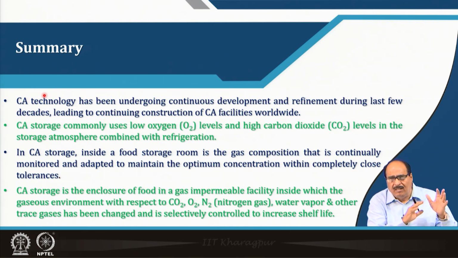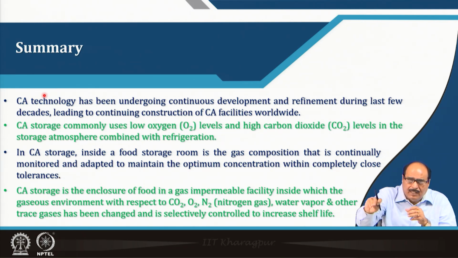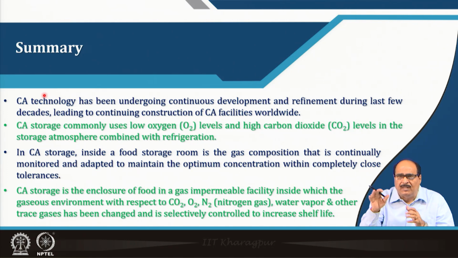Traditionally we have been using cold storage for perishable commodities, particularly fruits, vegetables, etc., because when you lower the temperature, the rate of respiration goes down. But now it has been proved that along with the temperature control, if the gaseous composition inside the storage facility is controlled, you will get an added advantage.